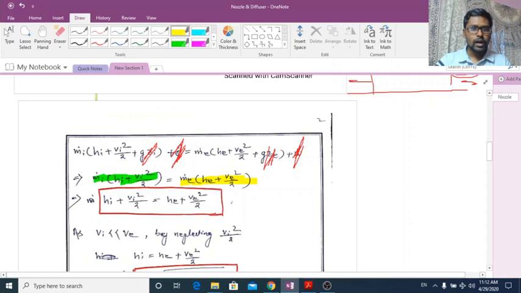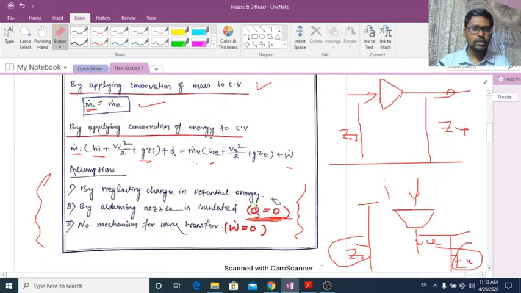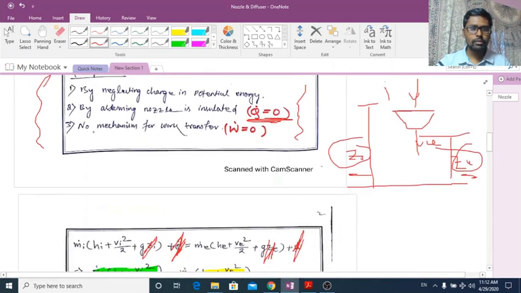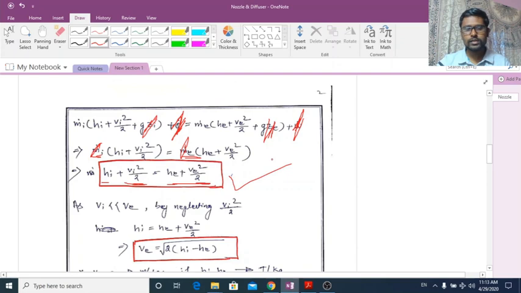As we know, M dot I is equal to M dot E, as it is a steady flow device, so these two get cancelled. So we get HI plus VI square by 2 is equal to HE plus VE square by 2. This is the steady flow energy equation with all the assumptions we have written for the nozzle.